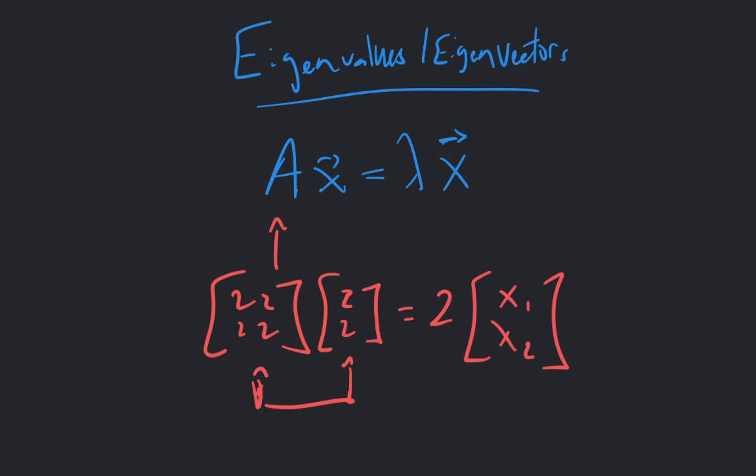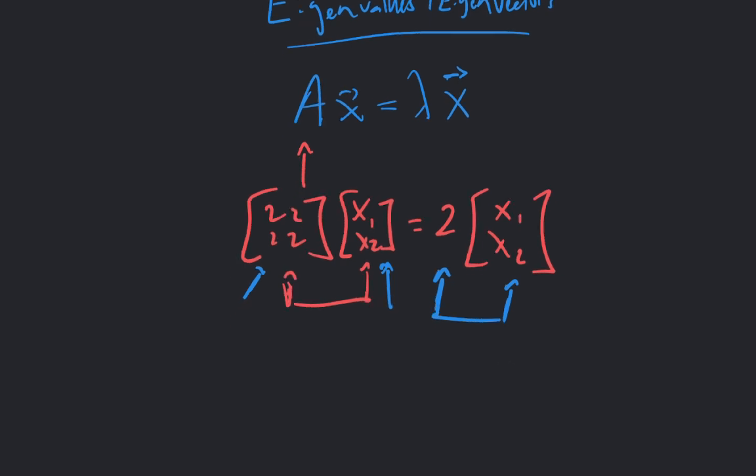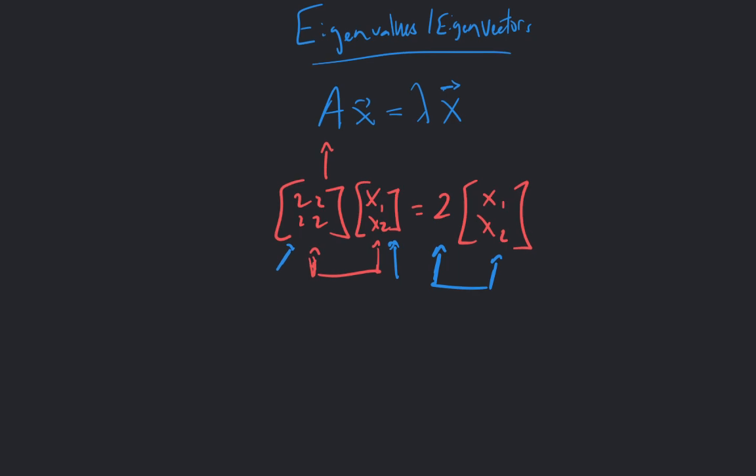I guess it should be more like x1, x2, something like that. I just put 2's down. But we have this linear transformation, this matrix, acting on this vector. And the result is that we have this vector that is just scaled by some constant. This is essentially what the eigenvalue problem is.